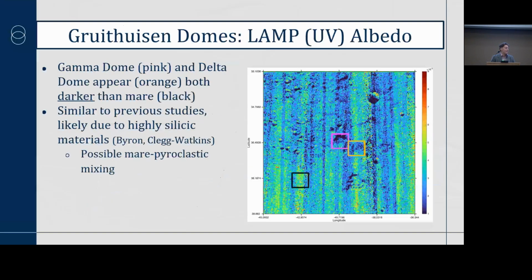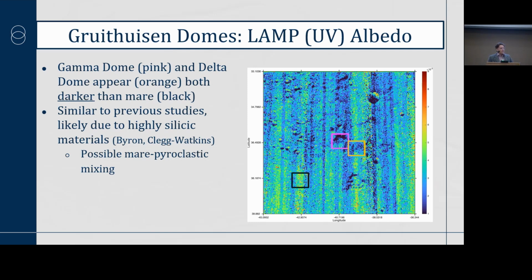The first, these will all follow the same format. These are LAMP albedo maps, which are based on counts received. These are daytime maps, and the figures all have the red spot in pink and then a Mare region in black. For the case of the Griffith domes, I have 2 regions of interest, the Gamma Dome and the Delta Dome.